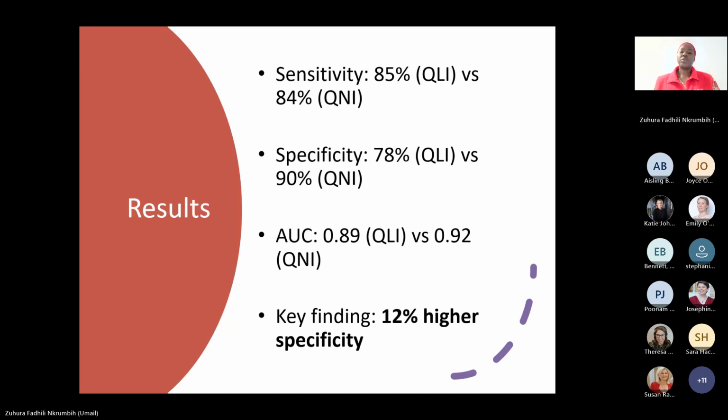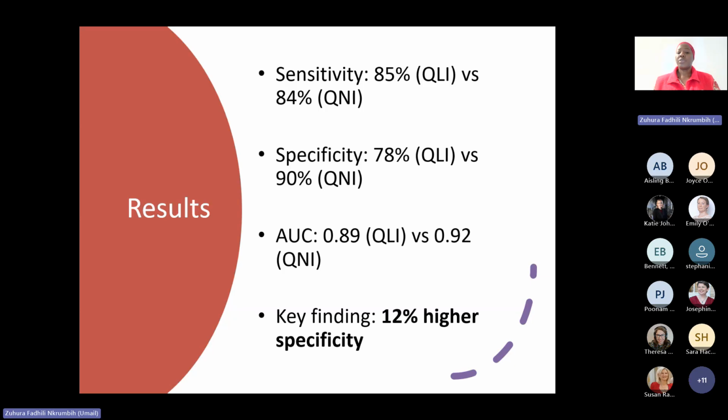Pooled results show that qualitative analysis and quantitative analysis are comparable, however, quantitative analysis is more effective in discriminating benign lesions, with 12% higher specificity. This difference was statistically significant.